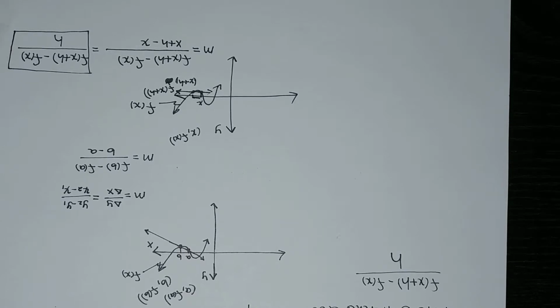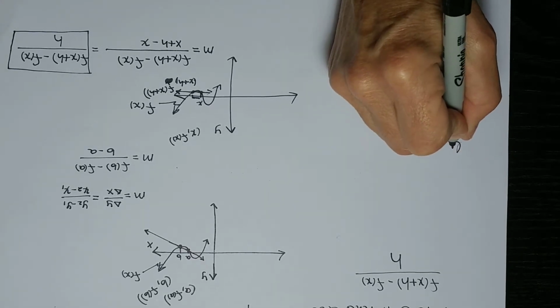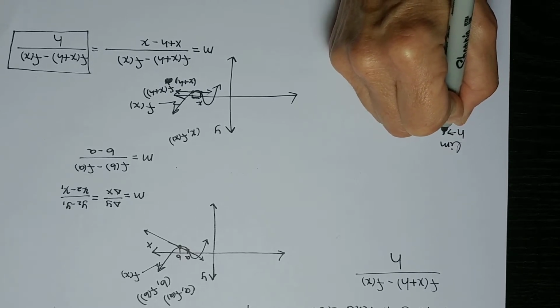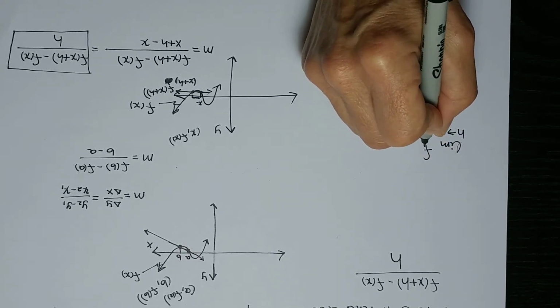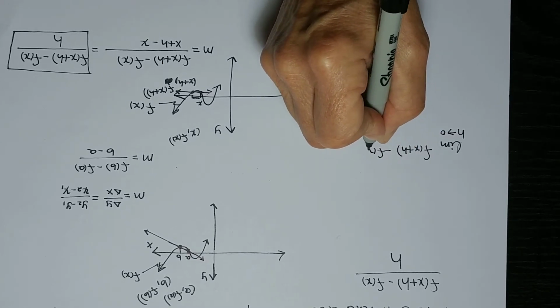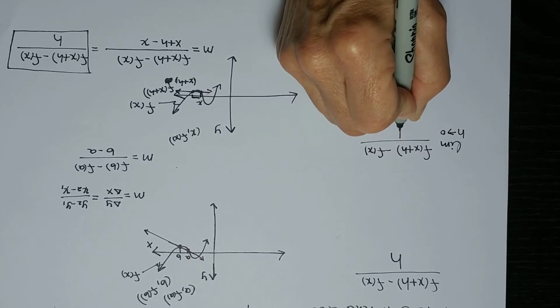And calculus talks about not the slope of a secant line, but the slope of a tangent line, or instantaneous slope. So what we do in calculus is we add a limit as h approaches 0 to this difference quotient of f of x plus h minus f of x over h.